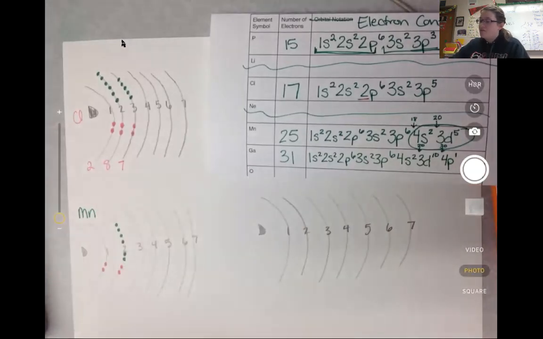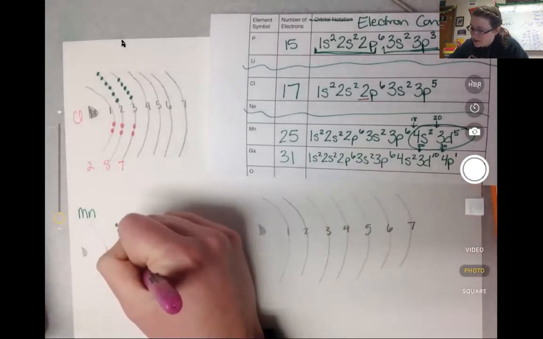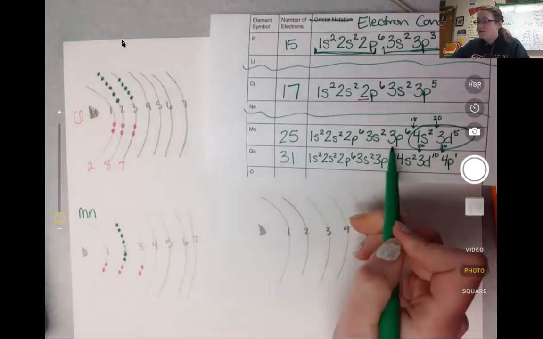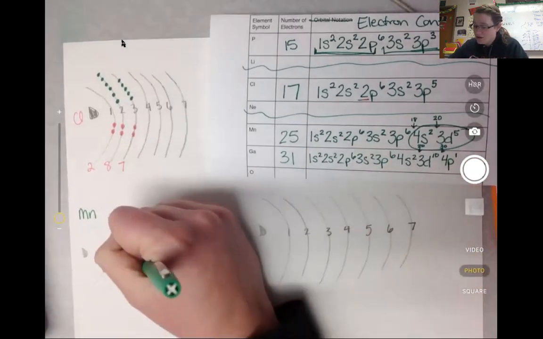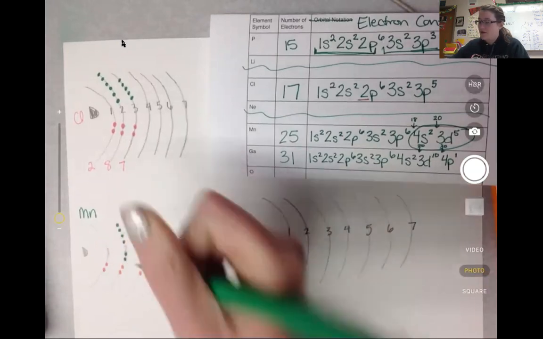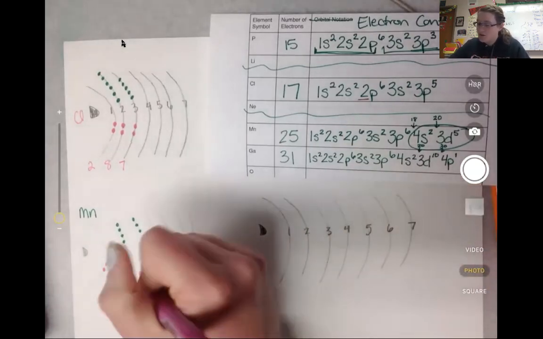Moving on to the third energy level, I put 2 into the s, and then into the p orbital, still in energy level 3, I'm putting in 6. Then I'm into the fourth energy level now. I'm filling 4s2, and I put in 2 electrons.